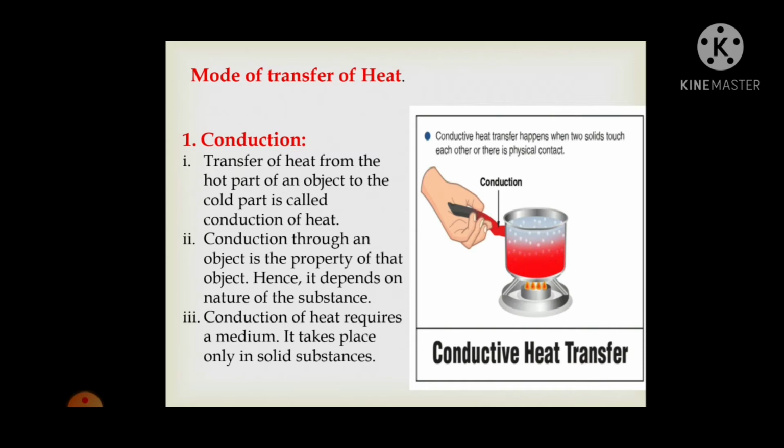Third, conduction of heat requires a medium. It takes place only in solid substance. As I told you here in the picture, it requires a medium. There are two solids attached. So, conduction of heat requires a solid medium.